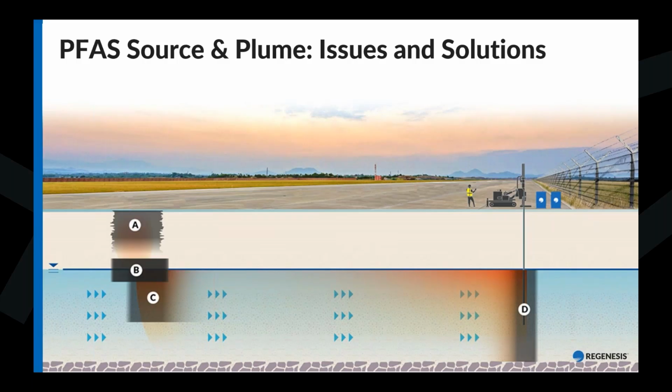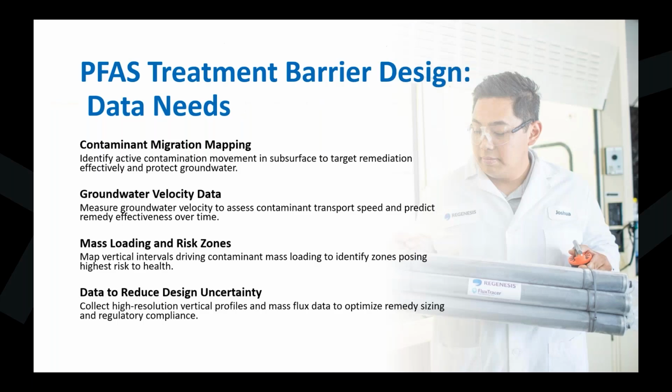We want to know how much PFAS or other contaminants may be present, and at what velocity they are traveling. So we want to understand what the flux coming into this barrier is so we know how to design it. Even looking at this figure, it looks pretty homogeneous from top to bottom in the subsurface, but I think we all know that isn't necessarily always the case.